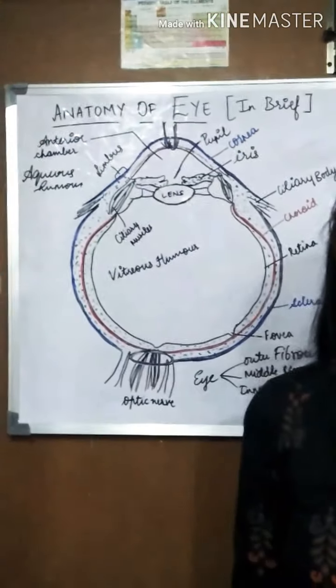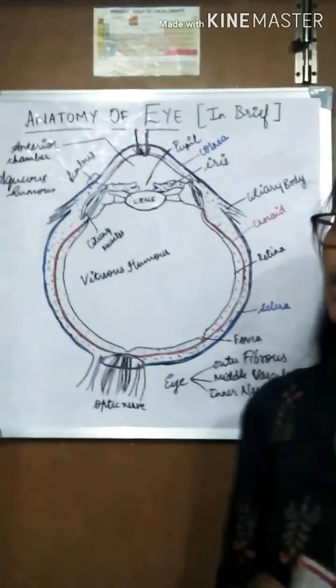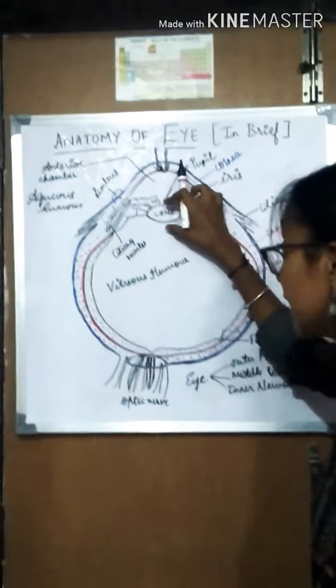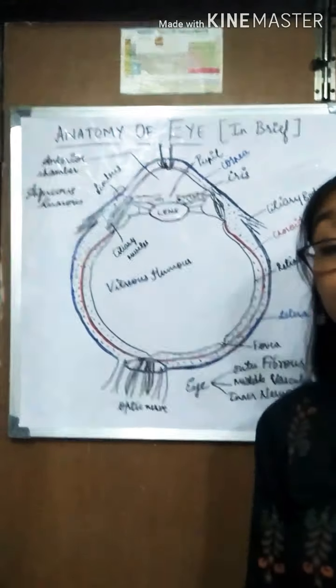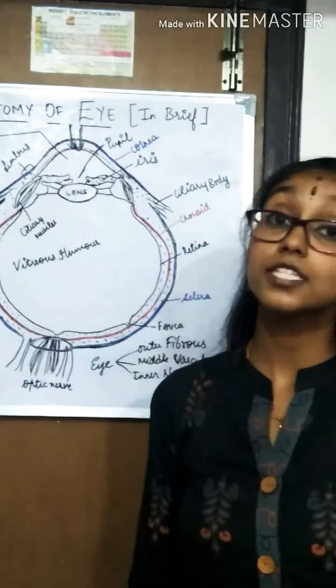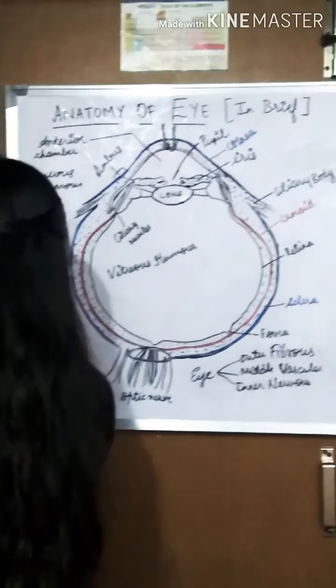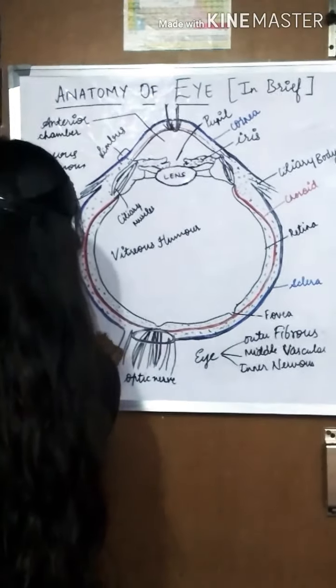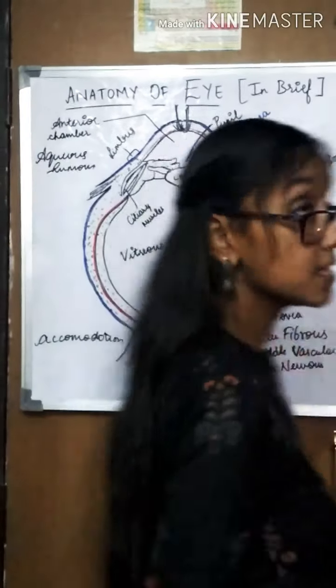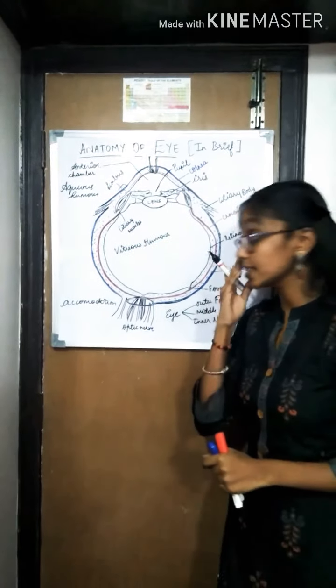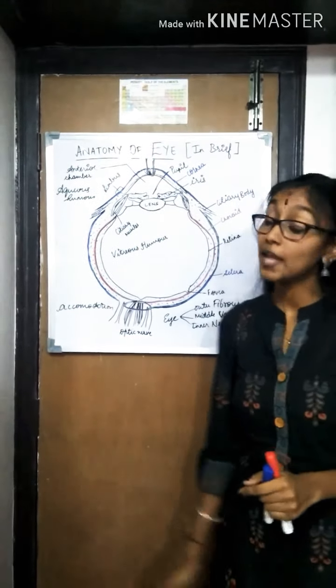The ciliary muscles help in changing the thickness of the lens, and that itself is called accommodation. So what is accommodation? It is the ciliary muscles helping in changing the thickness of the lens.